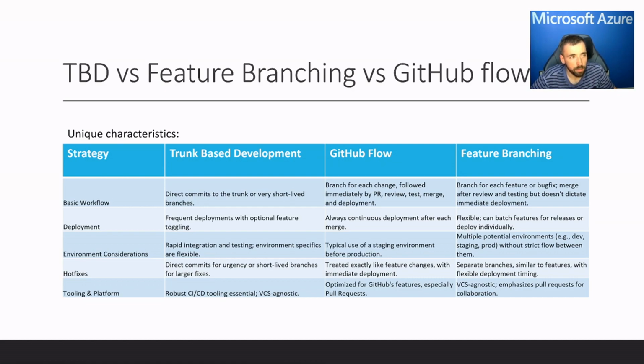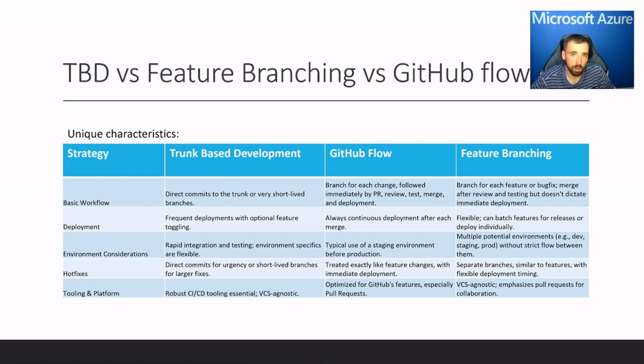So this is the comparison between TBD, feature branching and GitHub flow. Again, very similar, but they do have unique characteristics. And a common choice would typically be trunk-based development or GitHub flow. So I'm going to get now into three more branching strategies, and these are more abstract branching strategies.